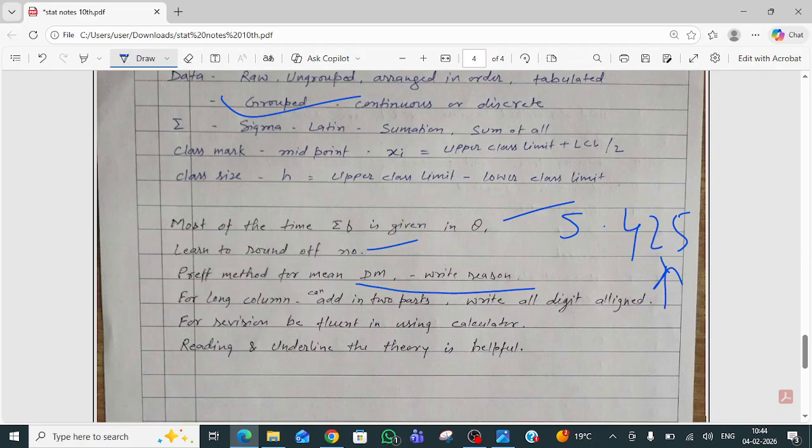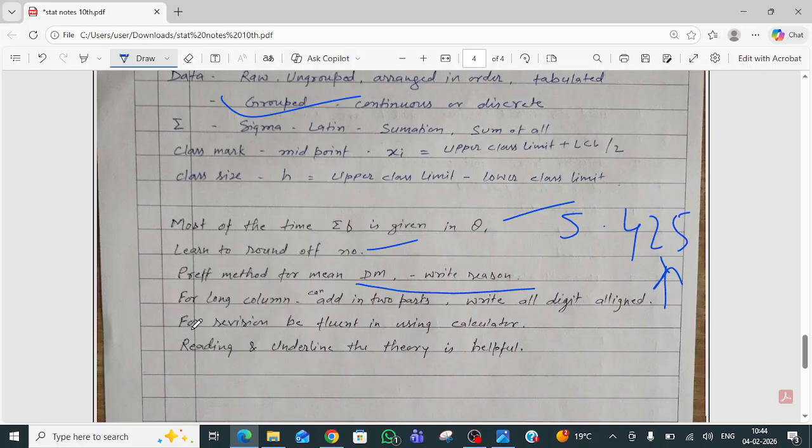The book is teaching us to use the assumed mean method, but you can use any method, the direct method also. So the logic if they ask why did you use this method: the method is simple, although the calculation is long.